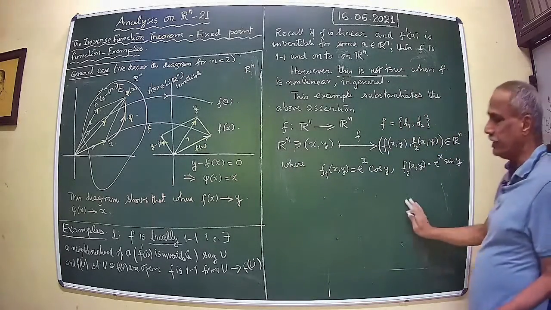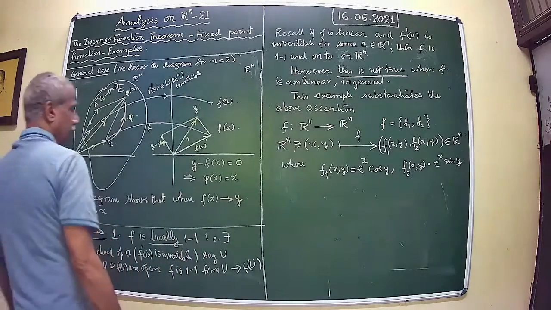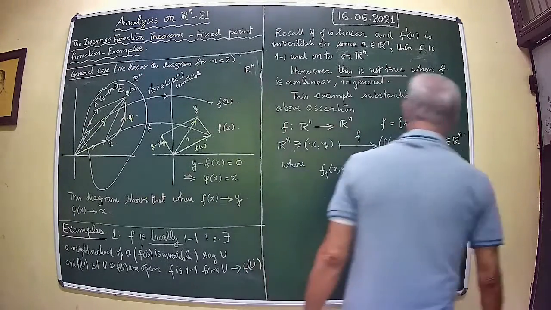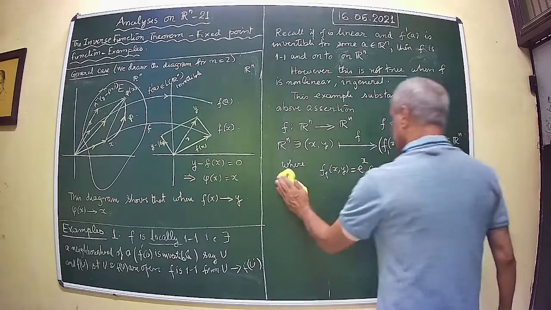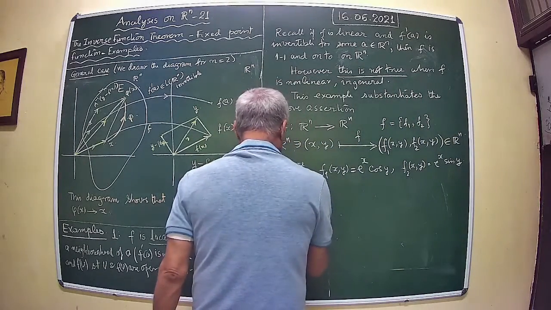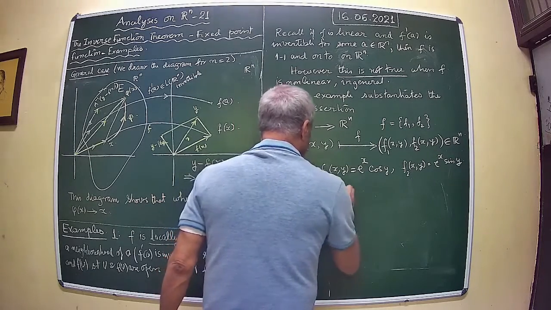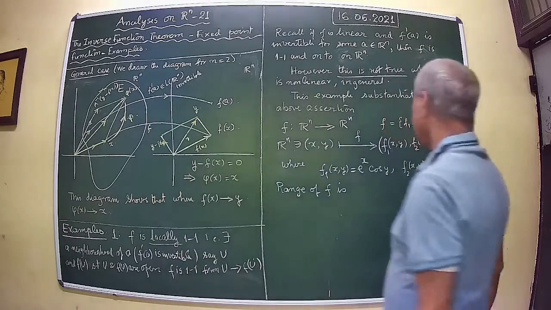Now this is defined for the entire R2, okay, but what about the range? Now the range of F is, what do you have?